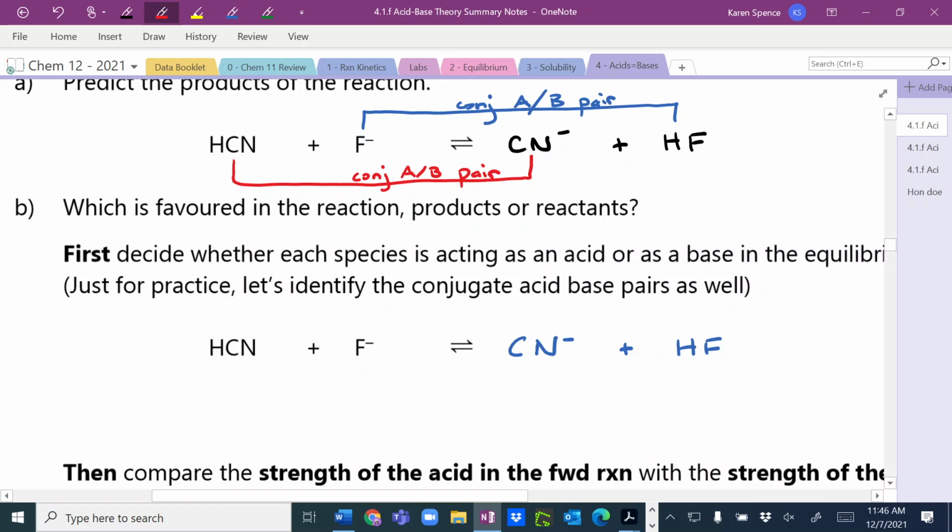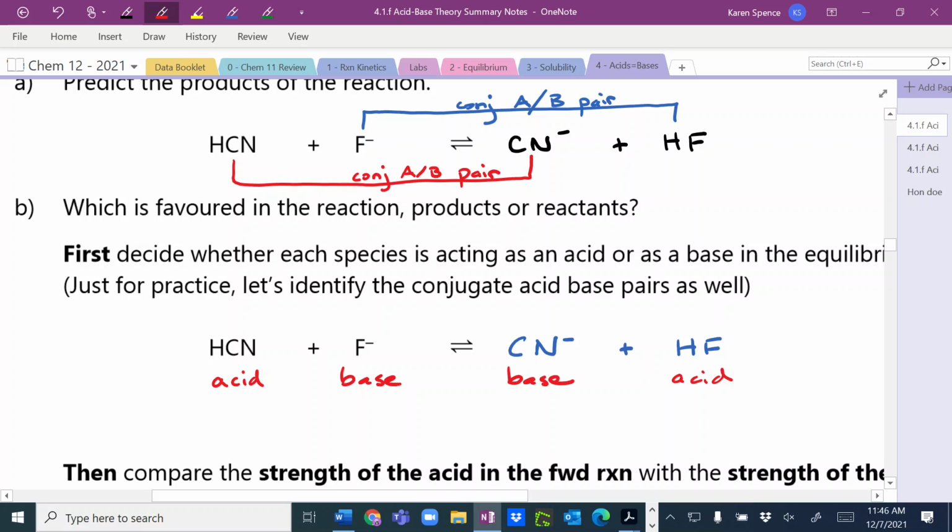And I think it's pretty straightforward to say that the ones with the H's are our acids, yes? They should all be the same color. There we go. Acid, this is our base, this is our base.